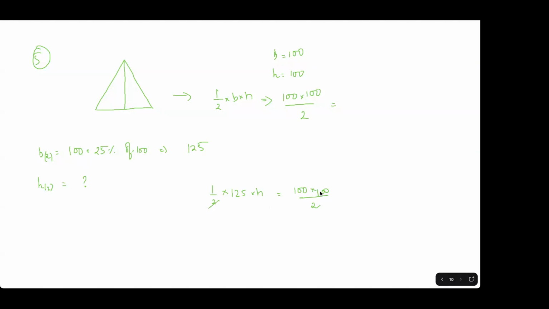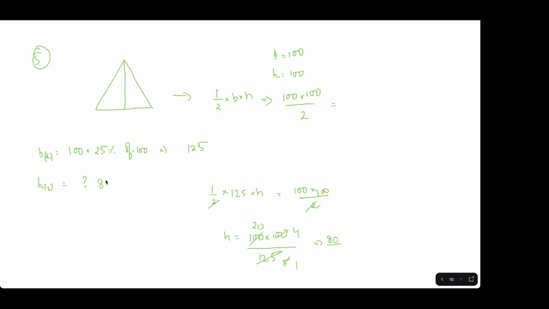Now 2 and 2 cancel. So h is equal to 100 into 100 upon 125. 25 into 5, 25 into 4, 5 into 1, 5 into 4, which is 20. So the new height is how much? 80. This is your new height.